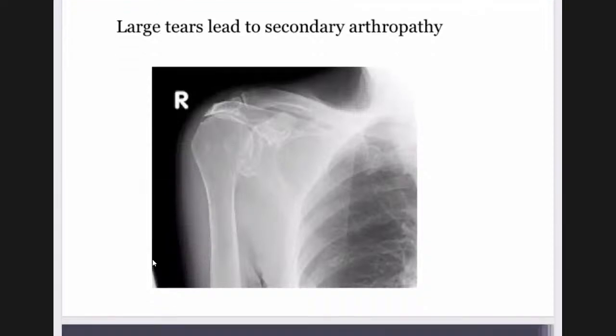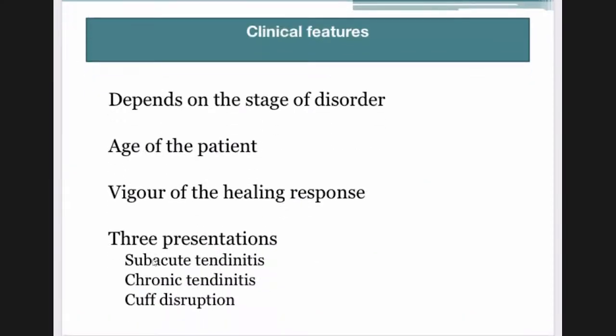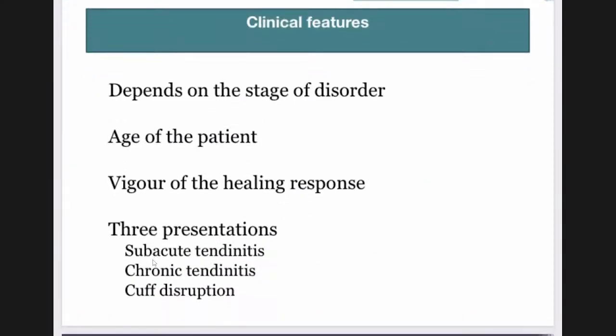Now, what are the clinical features of rotator cuff problems? They basically depend on the stage of the disorder. So whether it is a tendinitis, whether it is a partial tear, or whether it is a complete tear, it depends on the stage of the disorder. It depends on the age of the patient. Like I said, if you have young patients, then they heal very well and they respond very quickly.